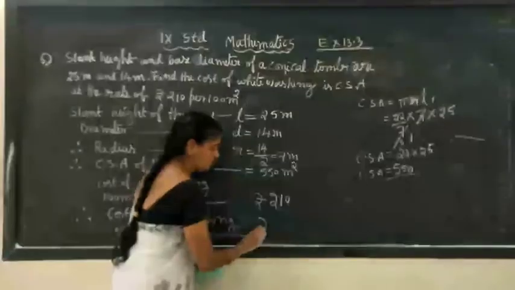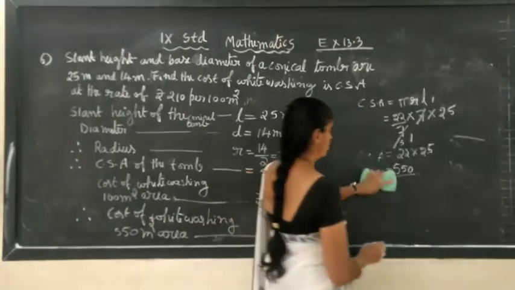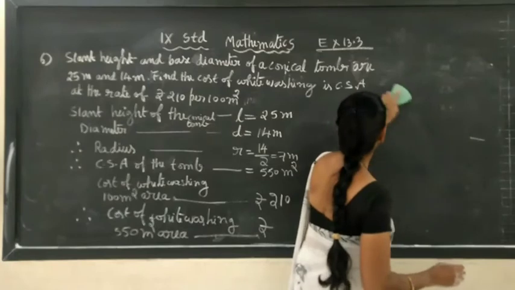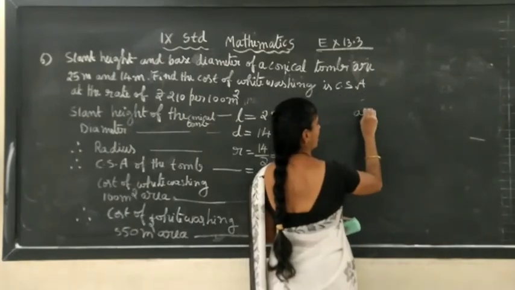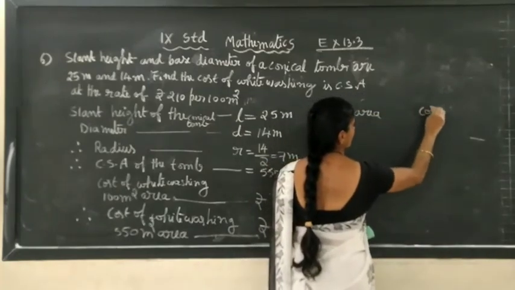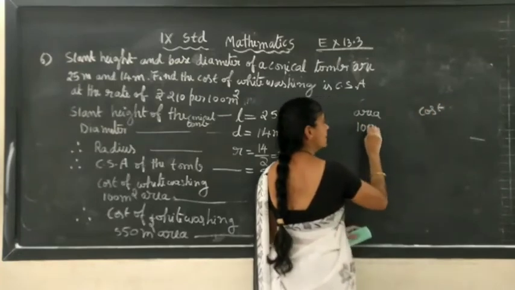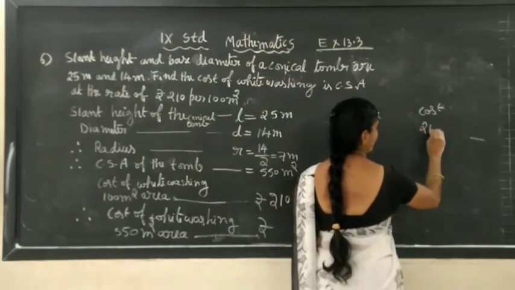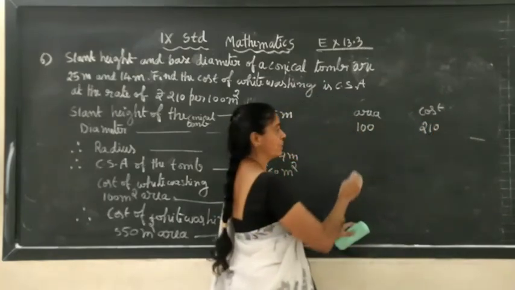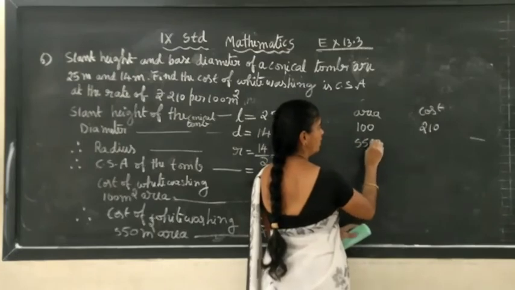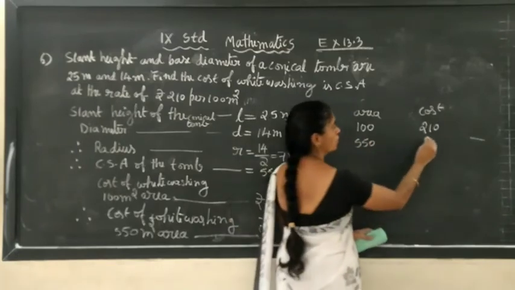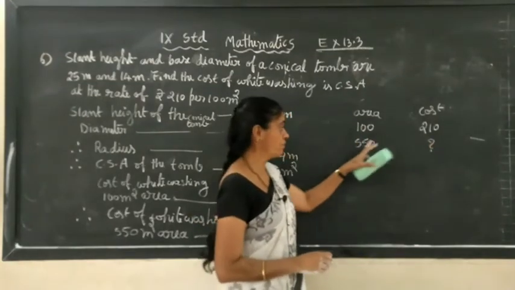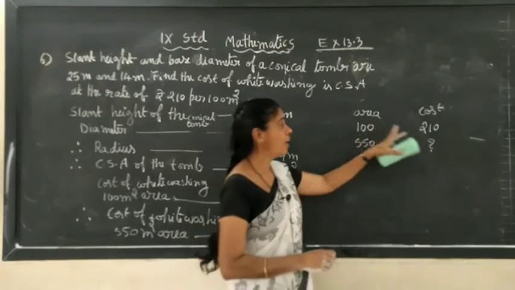So how much rupees? It is not a direct multiplication. We will do it this way, area and cost. If it is 100 meter square, you have to pay 210 rupees. Now your area is 550 meter square, how much do you have to pay?